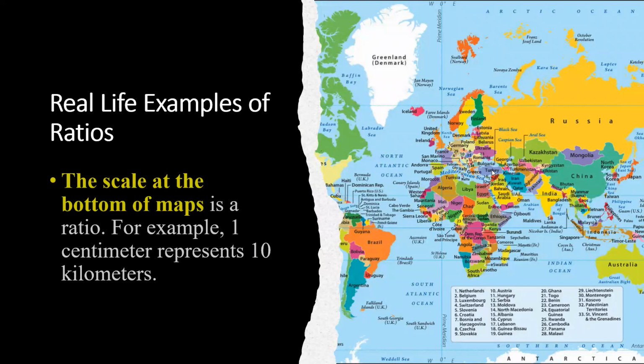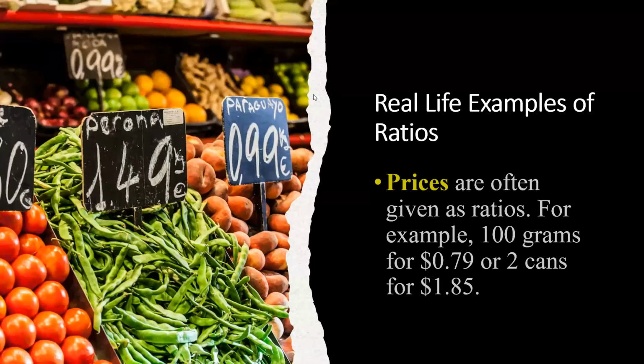Okay. And we use it with prices. So prices are often given as ratios, right? So we have an outdoor shop represented there, and we have the prices. Anyone know what this green thing is?